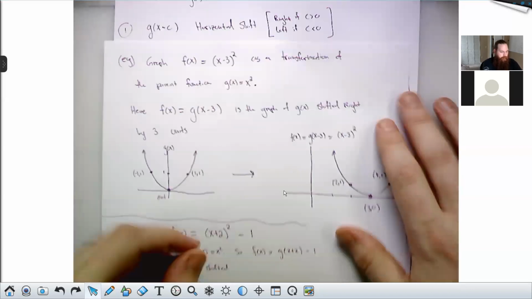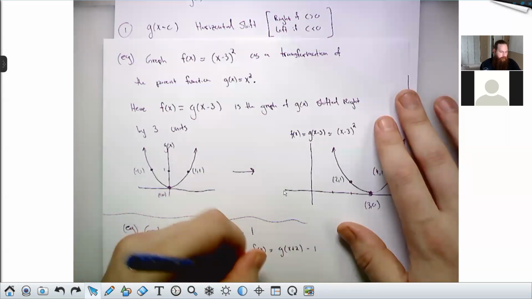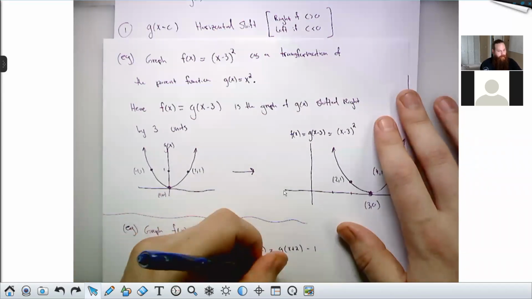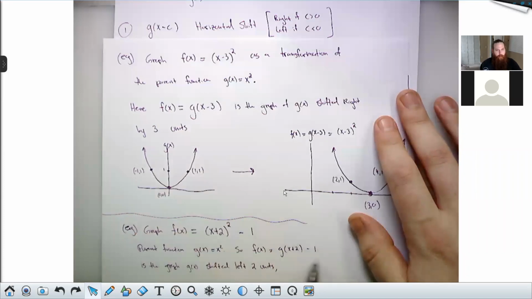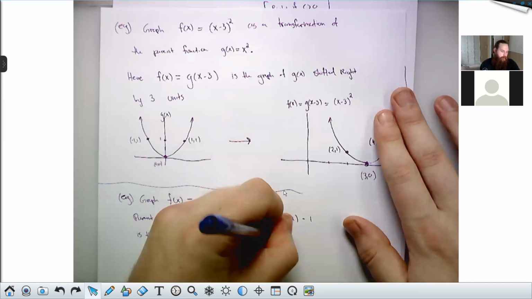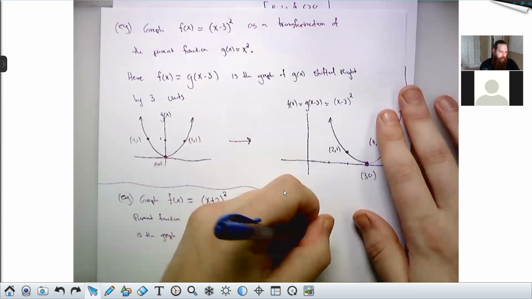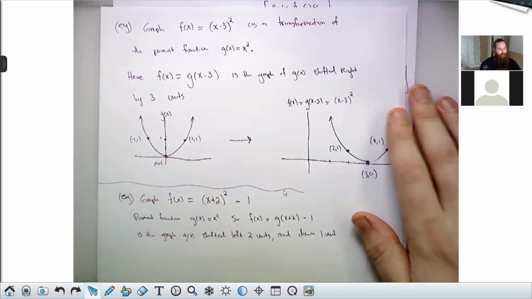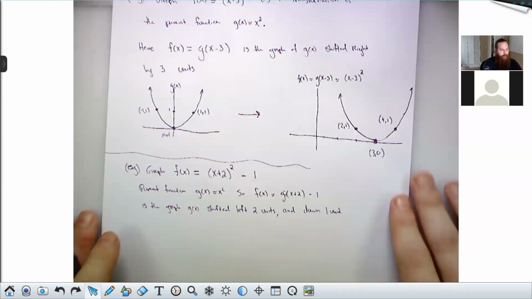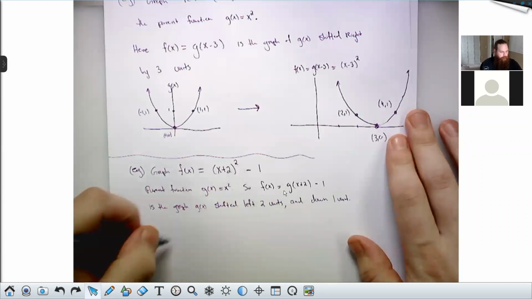So we're going to get shifted left 2 units. And then this tells me we're going down 1 unit. So to get the graph of x plus 2 quantity squared minus 1, I start with the graph of x squared.